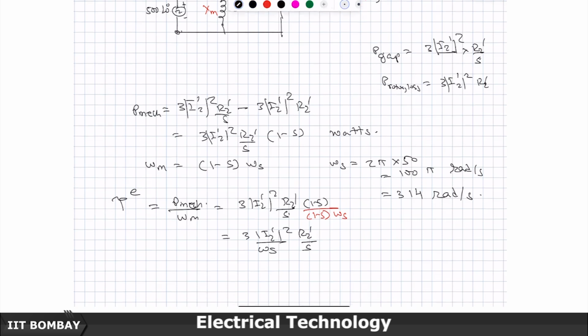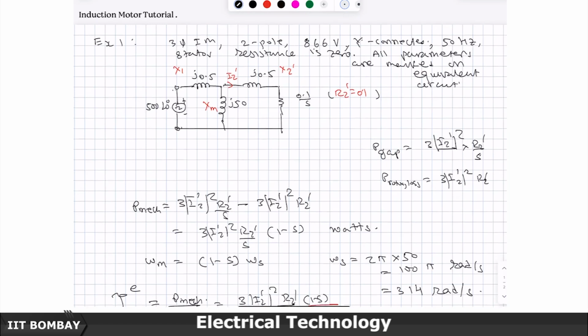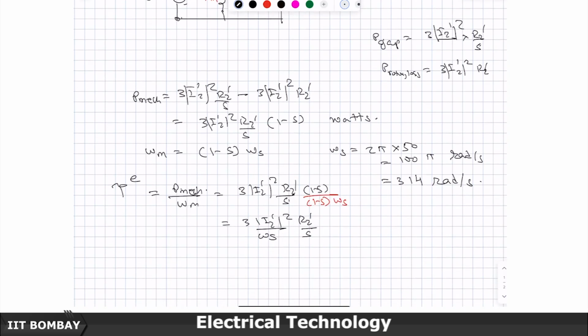Now, in this particular question, so far I have not specified the slip. So, now let me specify the slip as 0.05. So, that means 5% slip. This value is in per unit.